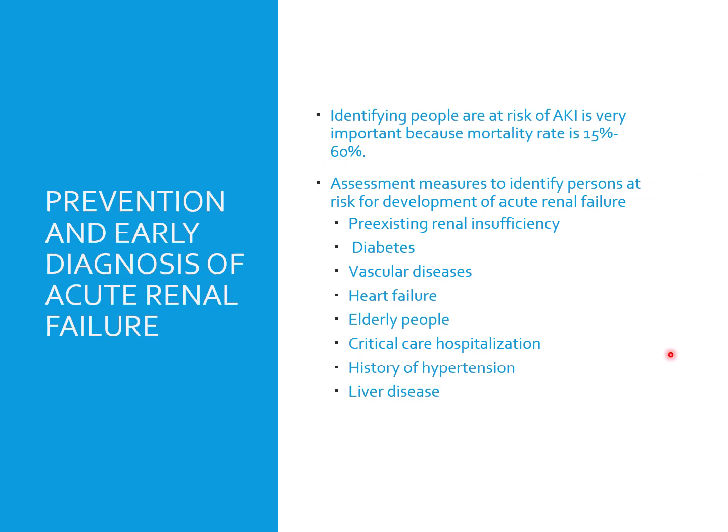Often that range is really based on the severity of the underlying illnesses other than kidney disease that person is dealing with. But assessment measures that we use to identify people at risk of AKI: anyone with pre-existing renal insufficiency, so if they came in with some abnormal kidney function to begin with, anyone with diabetes, anyone with vascular diseases, so if these are things like peripheral vascular disease or cerebral vascular disease, cardiovascular disease, anything that already is damaging blood vessels, we already may assume that we've got maybe some blood flow abnormalities to the kidneys too, so they're at high risk.